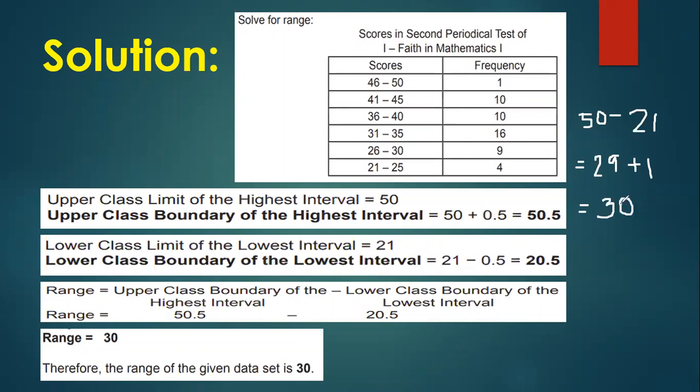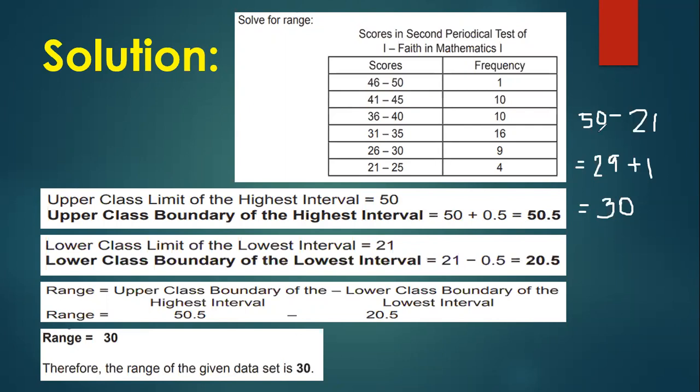They are the same, right? In the first method, you add 0.5 on the upper class, you subtract 0.5 for the lower class, then you subtract: 50.5 minus 20.5, the answer is 30.